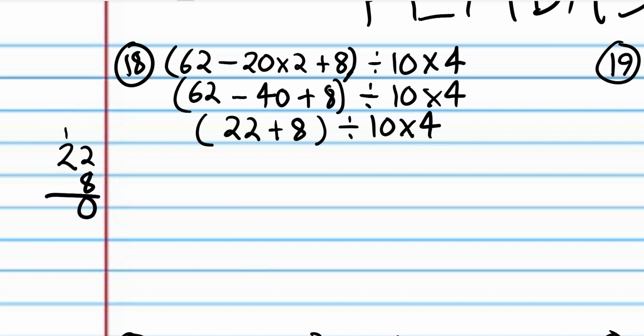Carry the 1. 2 plus 1 is 3. Again, these are things that you can really do in your head. Now that you've been doing these operations for quite a while, you can start to do some of the stuff in your head. You're going to find that as you go along in math, you're going to need to start to do calculations quicker and quicker. 22 plus 8 is 30.